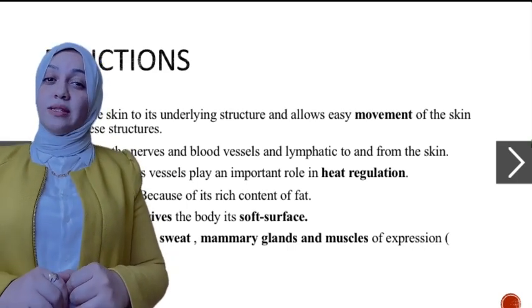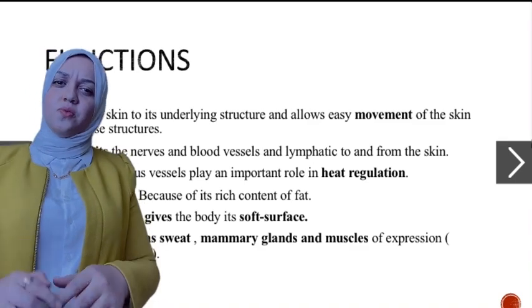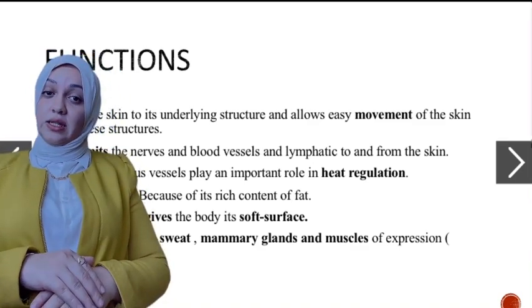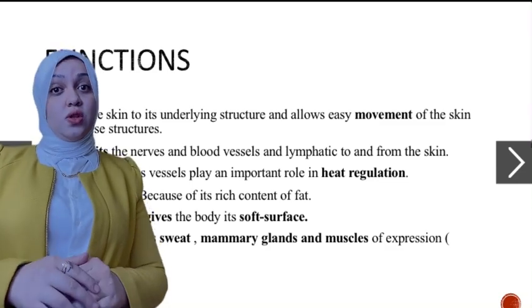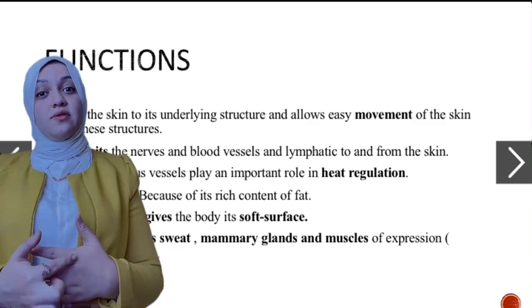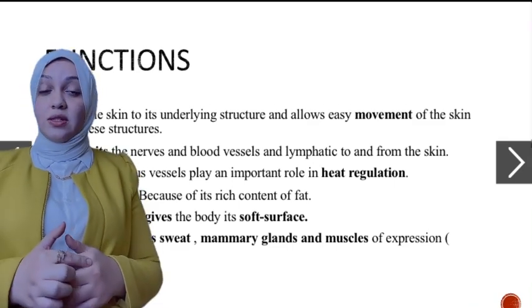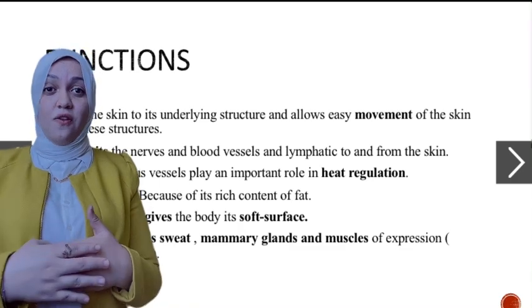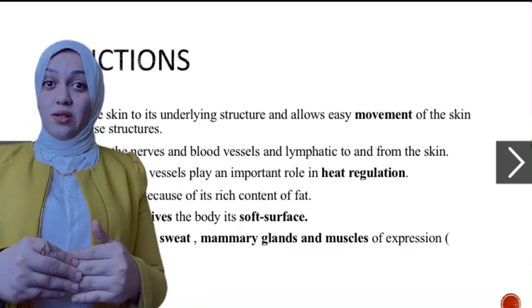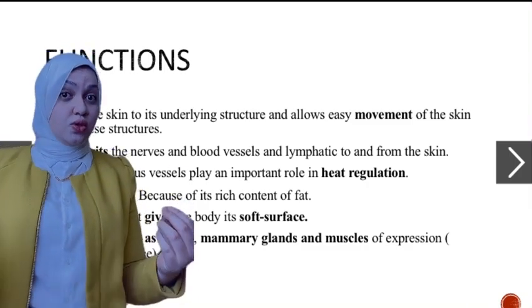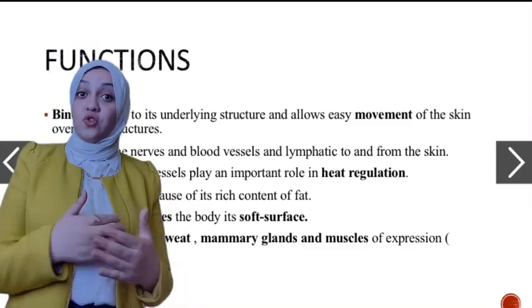So, let's imagine a body without the superficial fascia that is beneath the skin. Of course, the skin will take the ridges and the protuberances, the crests, everything of the bones below it. So it gives the body its contour and its soft surface.